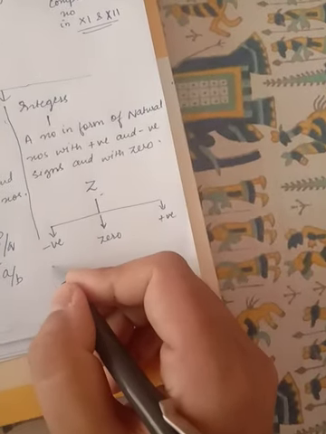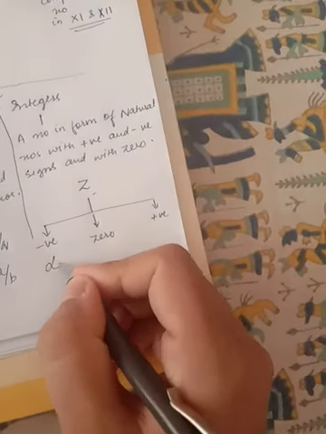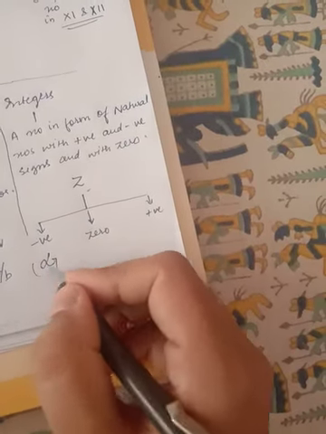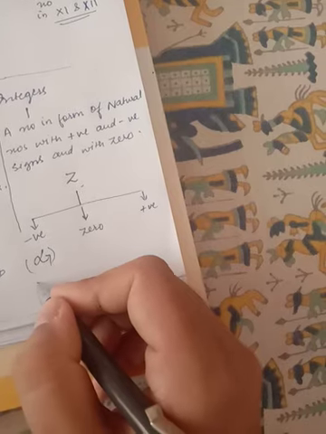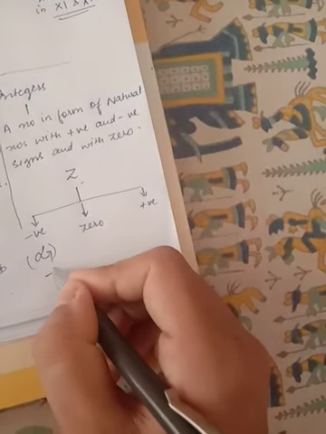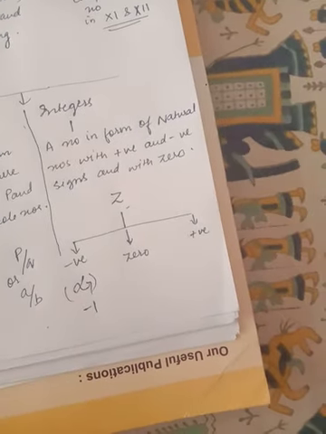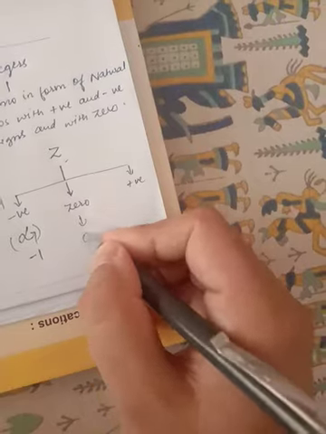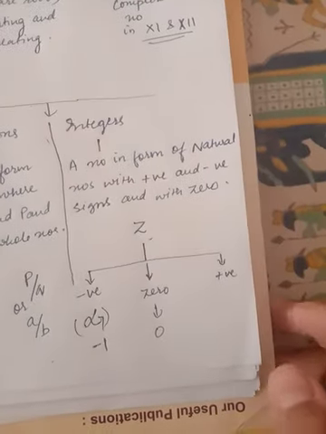The smallest is minus infinity and the largest negative integer is -1, and 0 is 0.